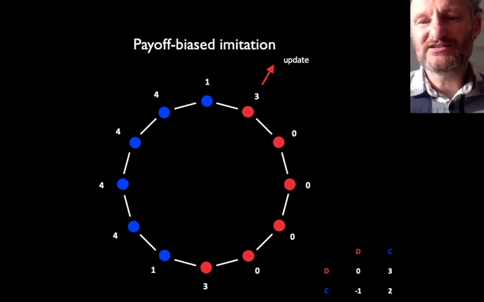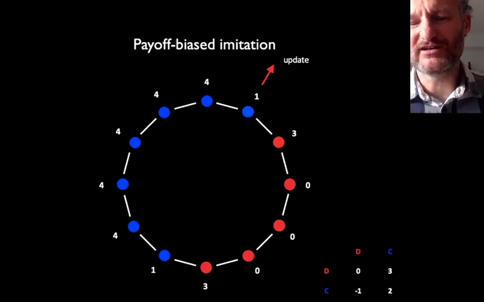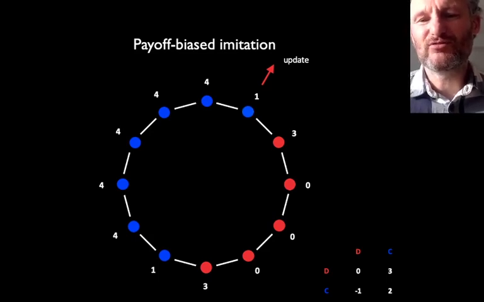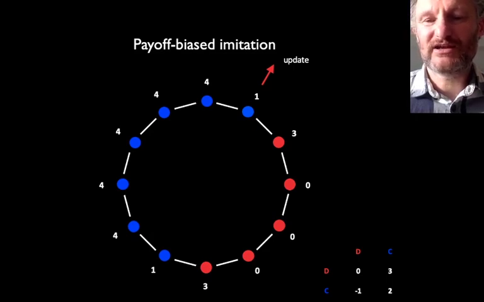Now if she does, then her own payoff changes from 3 to 1. So in order for this to work, what has to be true is that this player doesn't understand that switching from defection to cooperation actually is going to cost her 2.